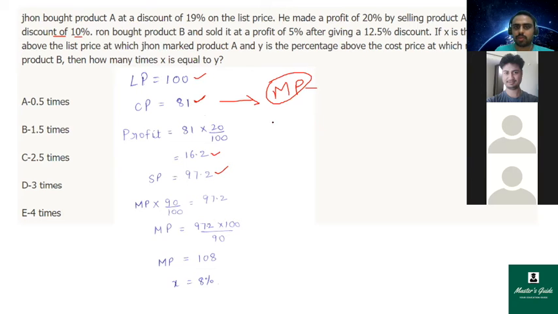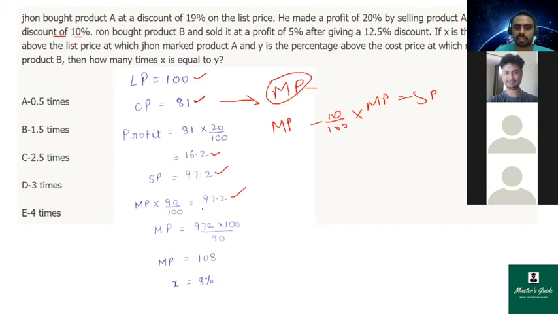Otherwise, you can say mark price minus 10% of mark price is nothing but the selling price. So this is nothing but 90% of my mark price, which is equal to 97.2.